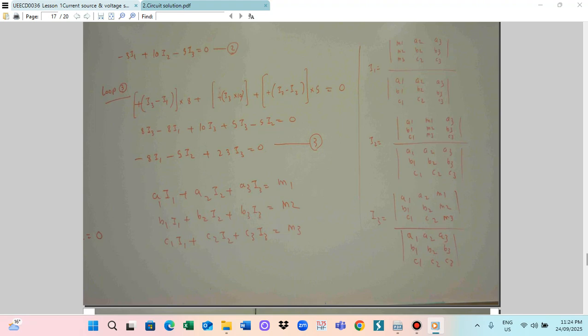Here we only need the 10 ohm resistor, so we only need to find I3, which flows only through the 10 ohm resistor. So we use this determinant to find I3.